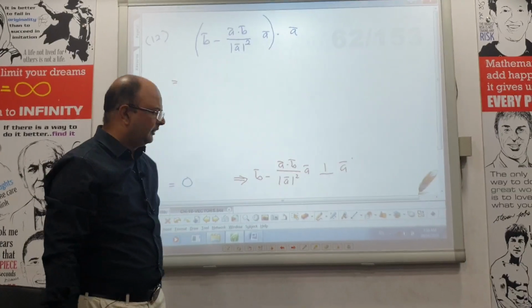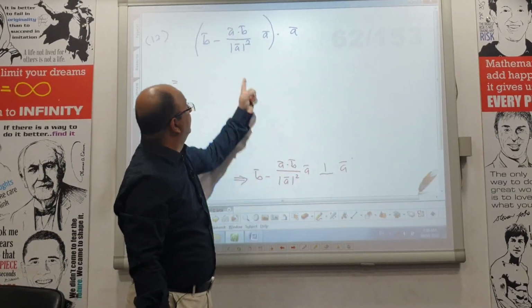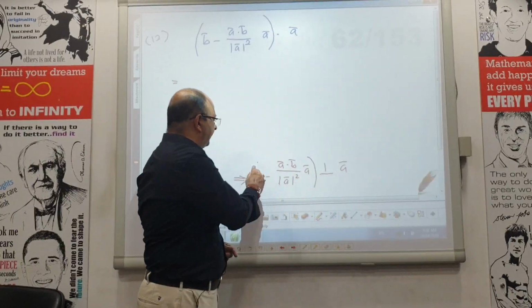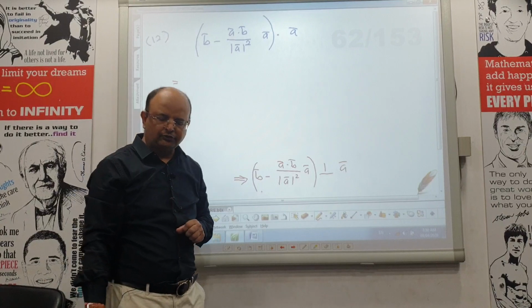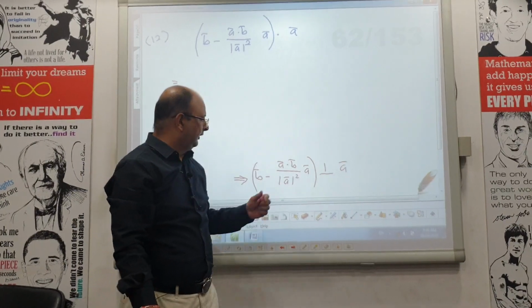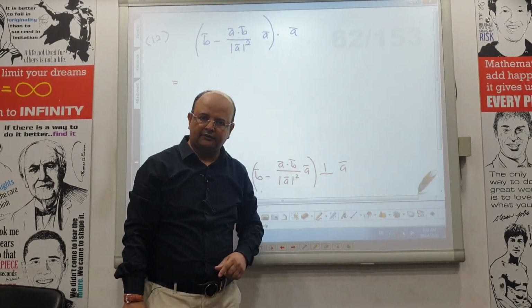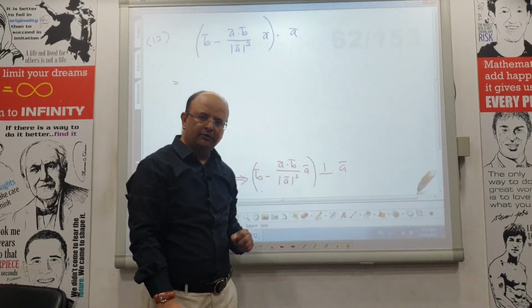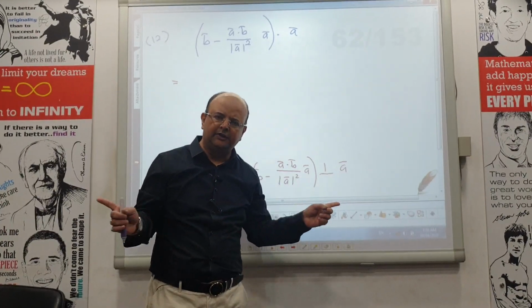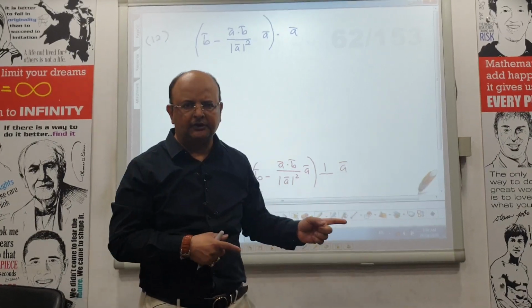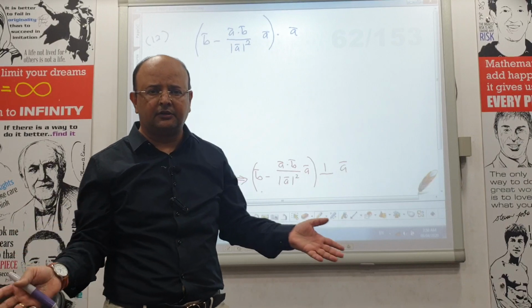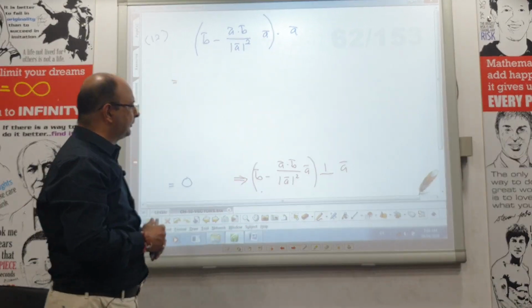Can we? Because if the dot product is 0, then those two vectors are perpendicular. So that was the question actually asked in JEE. What is the relation between these two vectors? They can be collinear, they can be in opposite direction, they can be in the same direction, they can be perpendicular, there may be nothing between them, but here they are perpendicular.